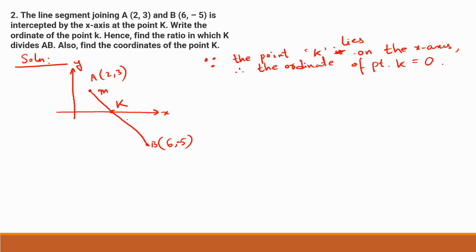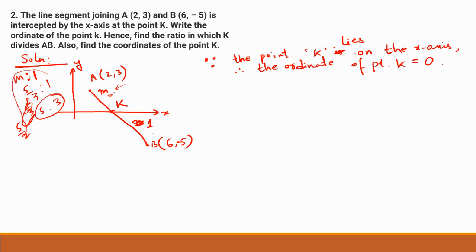Let us assume K divides AB in the ratio m is to n. Try to do m is to 1, because we want to keep only one variable here. If I write both m and n as variables, instead keep only one as a variable. We may get something like 2 by 3 or 5 by 2. If the ratio is m is to 1 and you get 5 by 3 is to 1, you can also write 5 is to 3, multiplying both sides by 3.